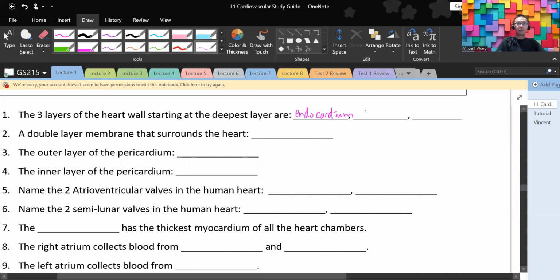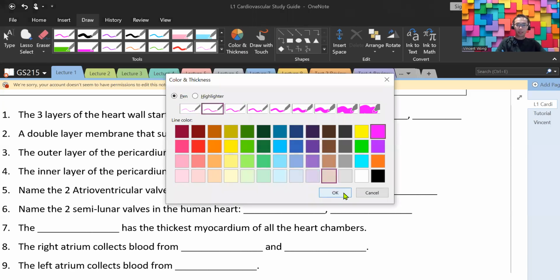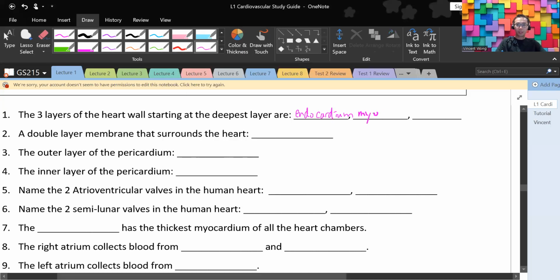Okay, followed by the myocardium. Okay, so that basically is the heart muscle, right? Heart muscle. And it's the thickest layer of the heart wall.